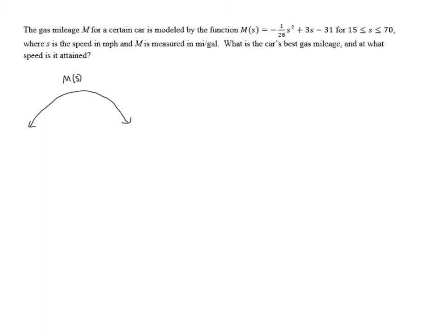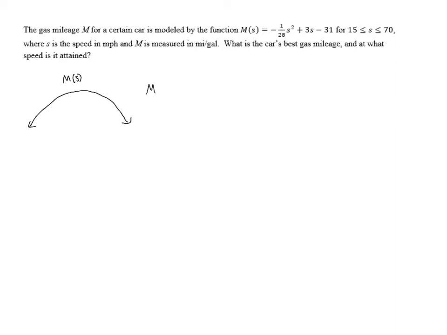What we want to do is find the best gas mileage, which is going to come from the maximum function value here. If we can find the maximum function value, that tells us the car's best gas mileage, and the s value, or the input value, tells us what speed it's attained at.